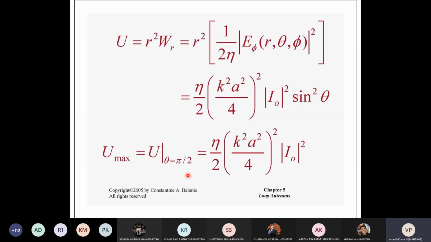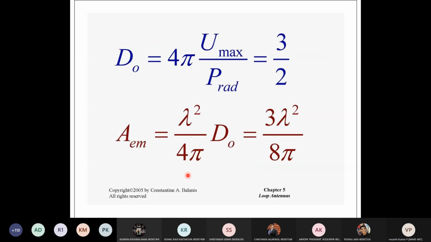So this is the expression for U, R square into WR. You can see these expressions. U max is obtained when sin theta is 1, theta equal to pi by 2. So D naught is equal to 4 pi U max by P rad, which is 3 by 2.